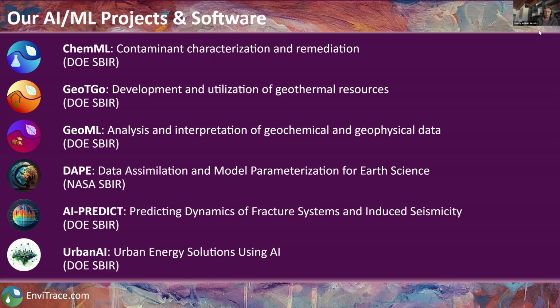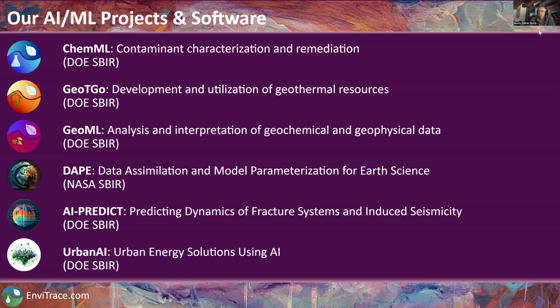Geothermal is very important for the energy security of our nation and our move towards renewable energy resources. And we're developing tools which help people more efficiently utilize their geothermal resources.